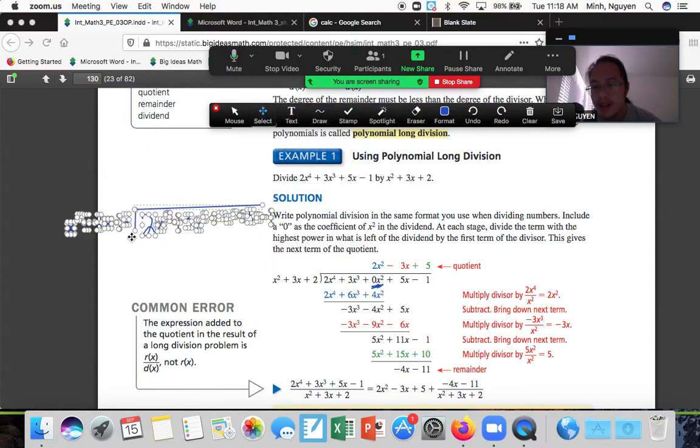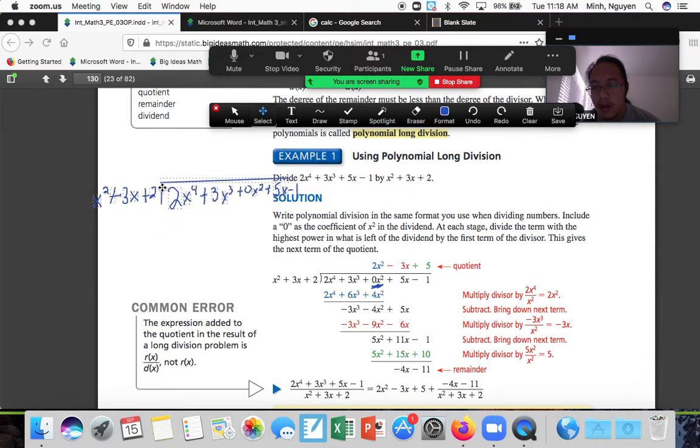Maybe you guys can't see this well, so I'll move it all. Okay. So first terms, 2x to the fourth divided by x squared is 2x squared.